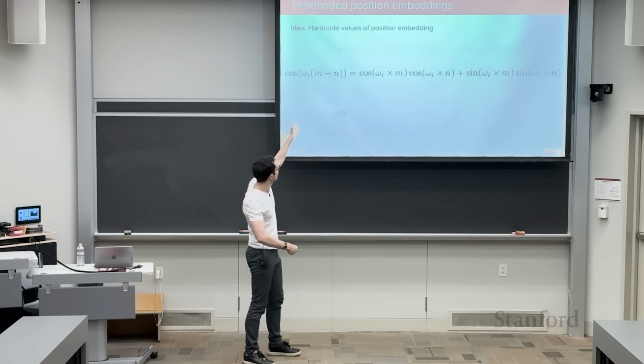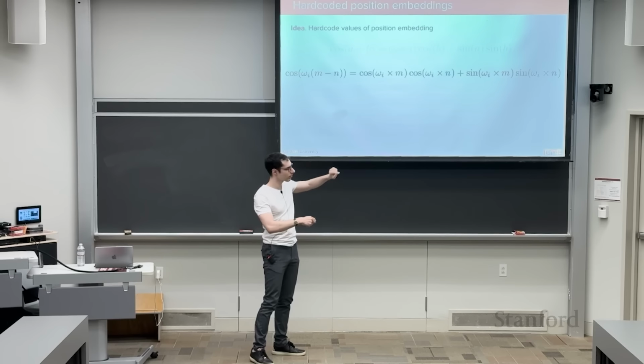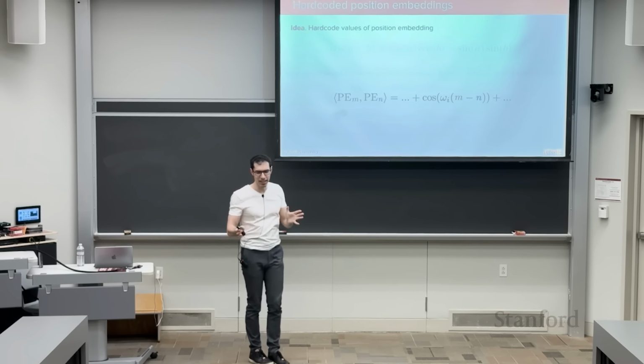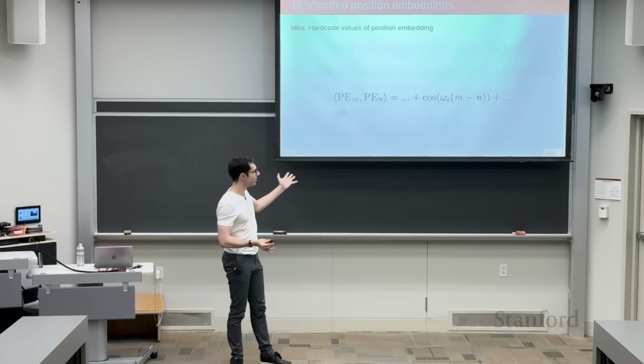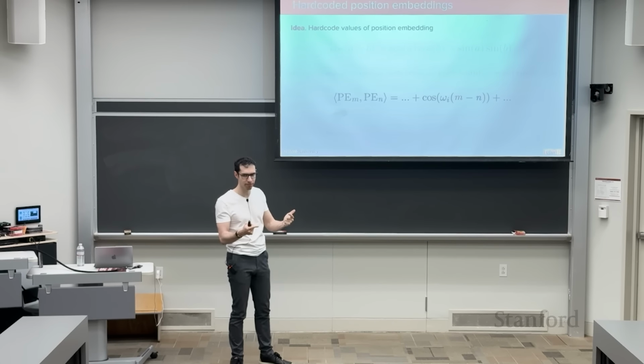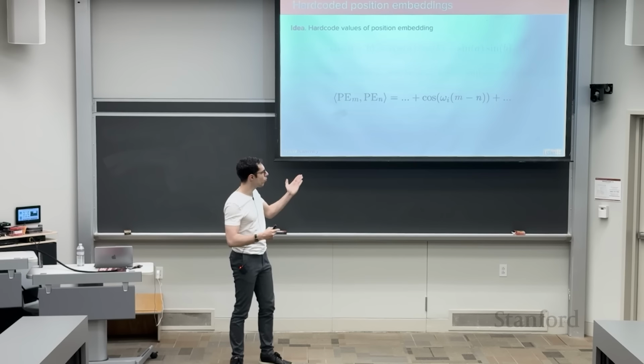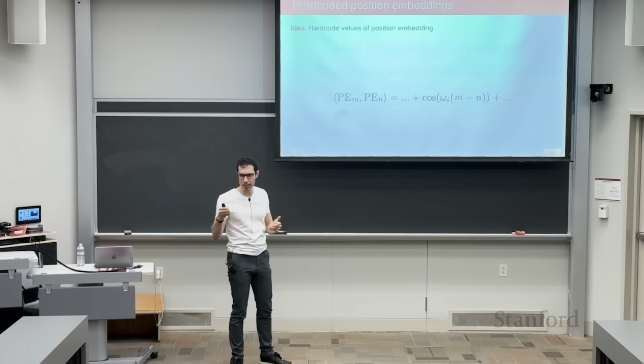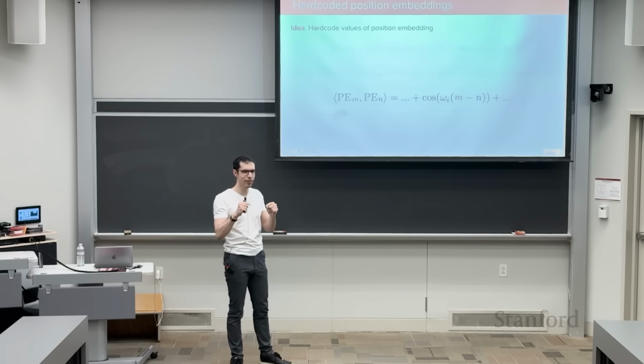Which is just this quantity. So at the end of the day, what you realize is that when you perform a dot product of these embeddings, you end up with a sum of cosines that are a function of the relative distance between M and N.